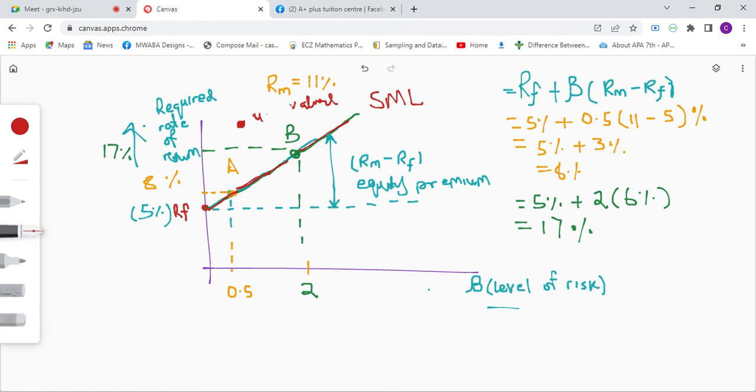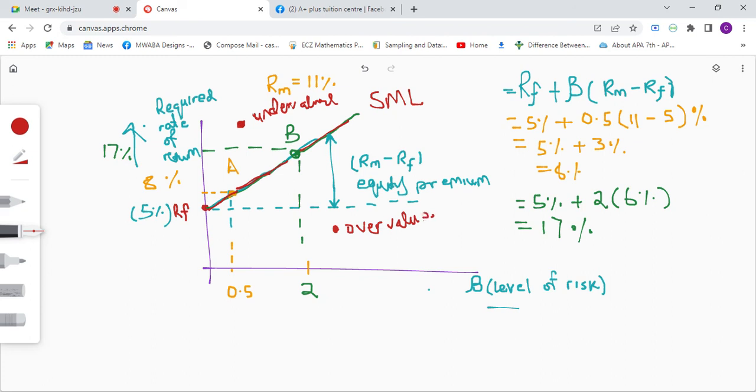And why is it undervalued, Abdullah? Because it is selling at a price below its true value. Okay, then below it's overvalued.